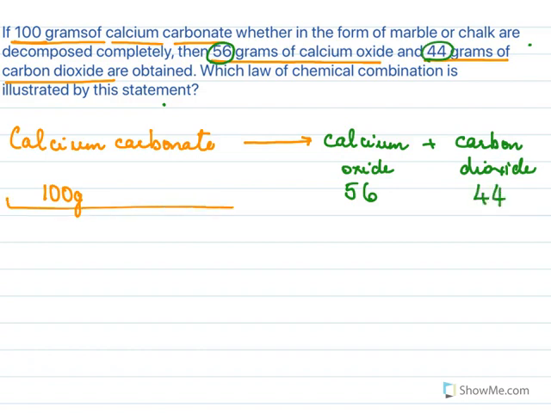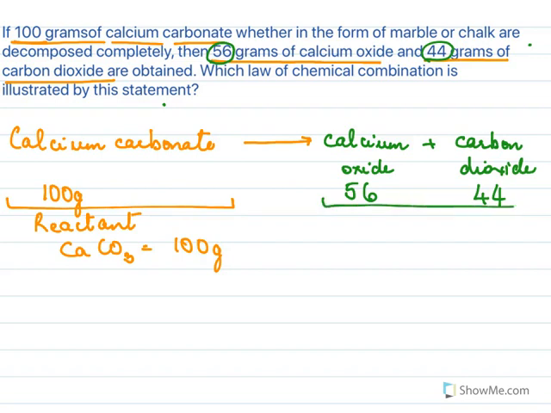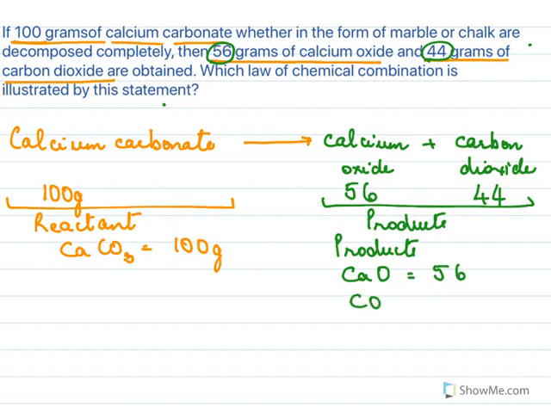Calcium carbonate is the reactant. So let us find out the mass of the reactants. Calcium carbonate, mass 100 gram. And these are the products. And we have two products. One is calcium oxide, which is 56 gram, and carbon dioxide, which is 44 gram. When you add up, you get 100 gram.